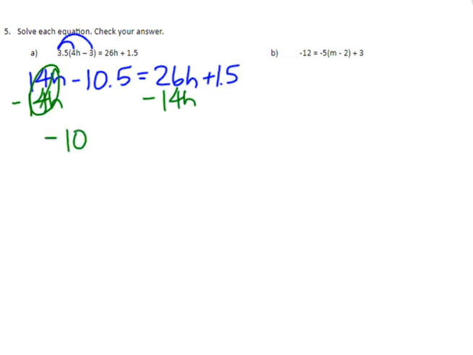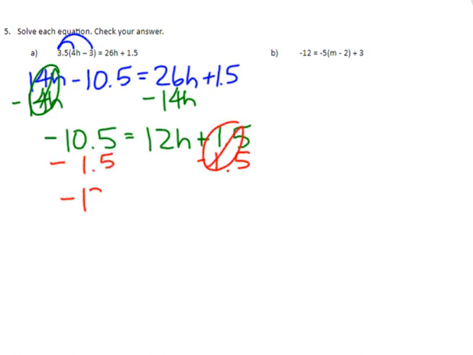So negative 10.5 equals 12h plus 1.5. Next, subtract 1.5 from each side. So negative 12 equals 12h. And last step, divide by 12 on both sides to get negative 1 equals h.